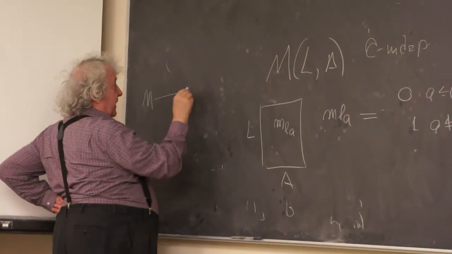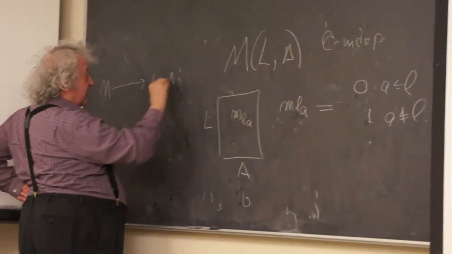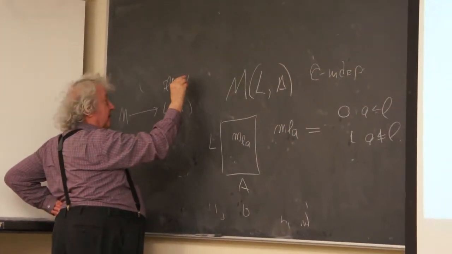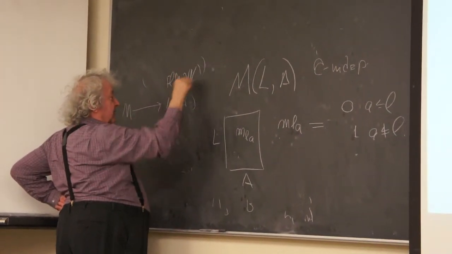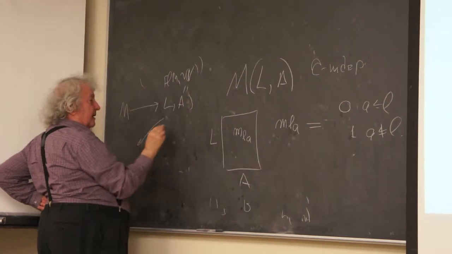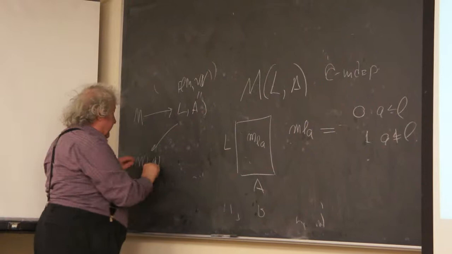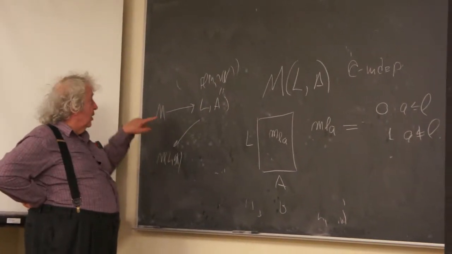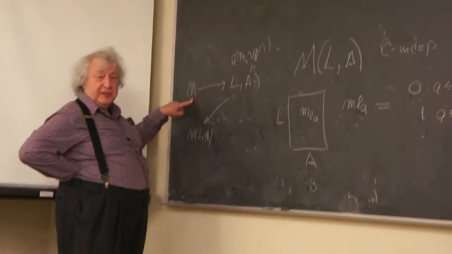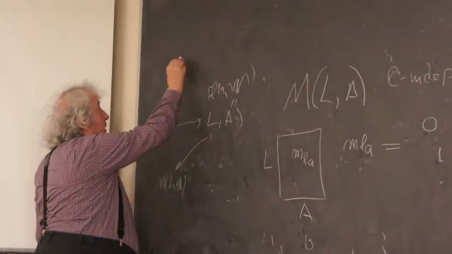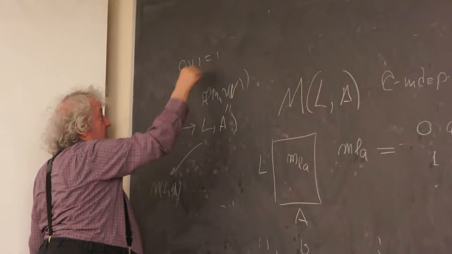If you start with M and you go over to LA, where this is the flats of M and the closure of B, then when you come back and you get the matrix of LA, these are going to give the same representation. And how are these related? You've just taken all the rows here and done the Boolean join, where 0 join 1 is 1.